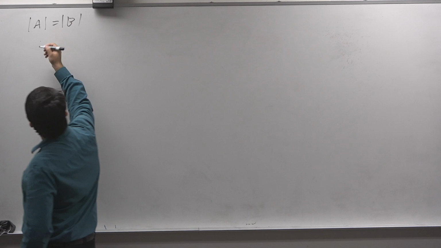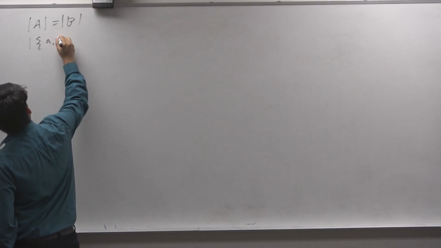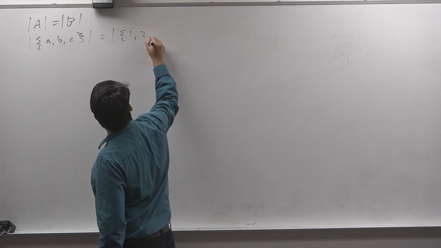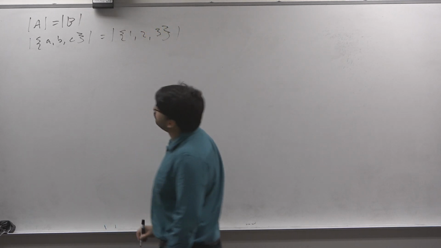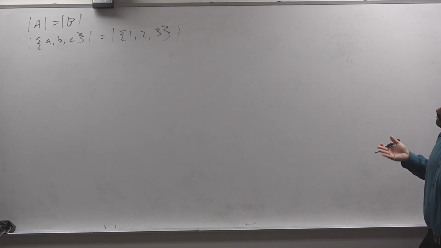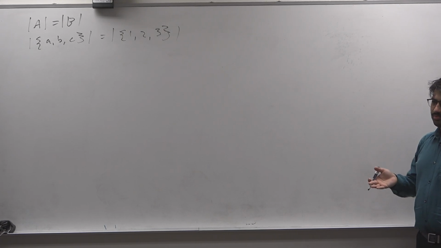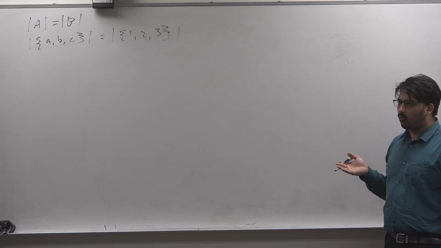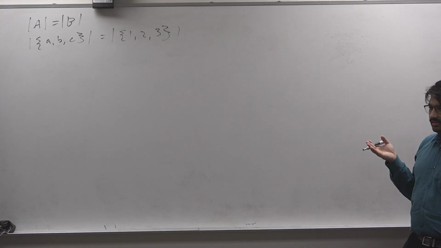So let's say A was a, b, c. We agree that's true. Why is it true? With all such concepts, it's obvious, but think about your own intuition about why this is true, and tell me.